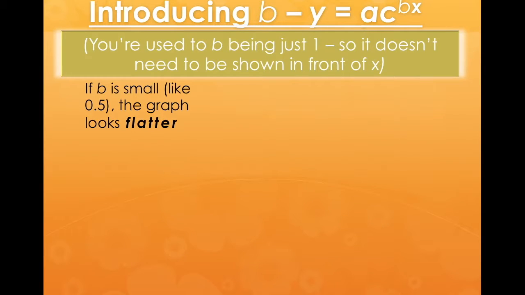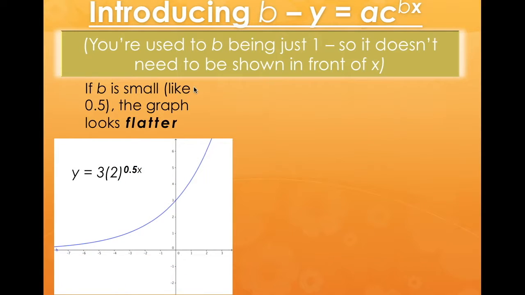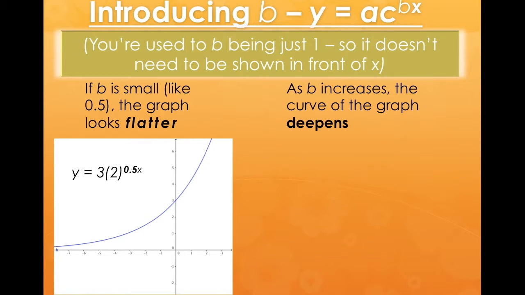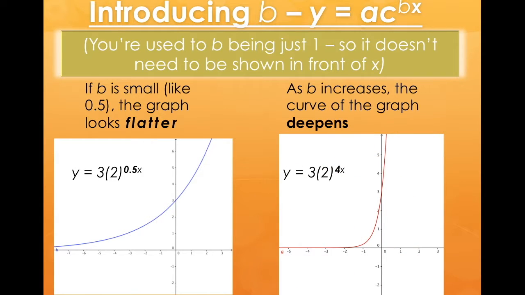If b is small, like for example, 0.5, the graph will become flatter. As you can see, the graph is pretty flat here because we have a small fraction in front of our x. So it's half of x. As b increases, becomes greater than 1, the curve of the graph deepens.